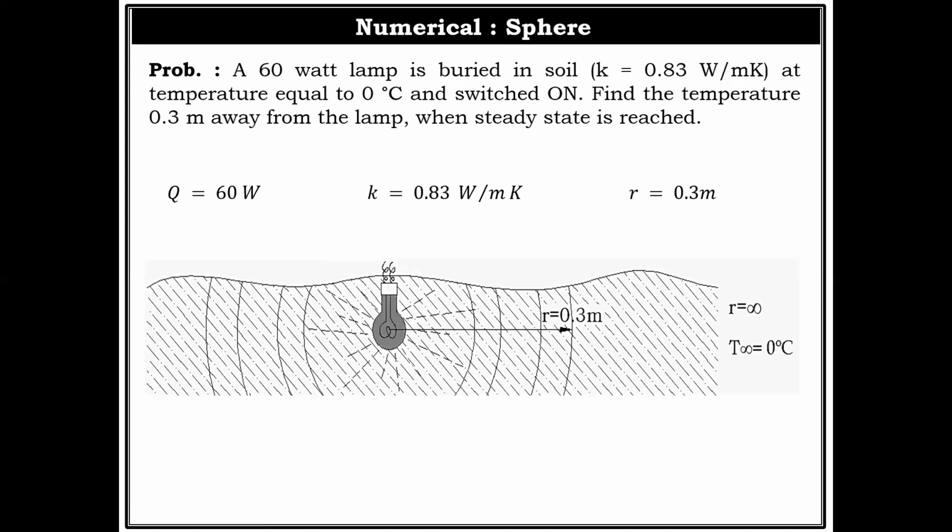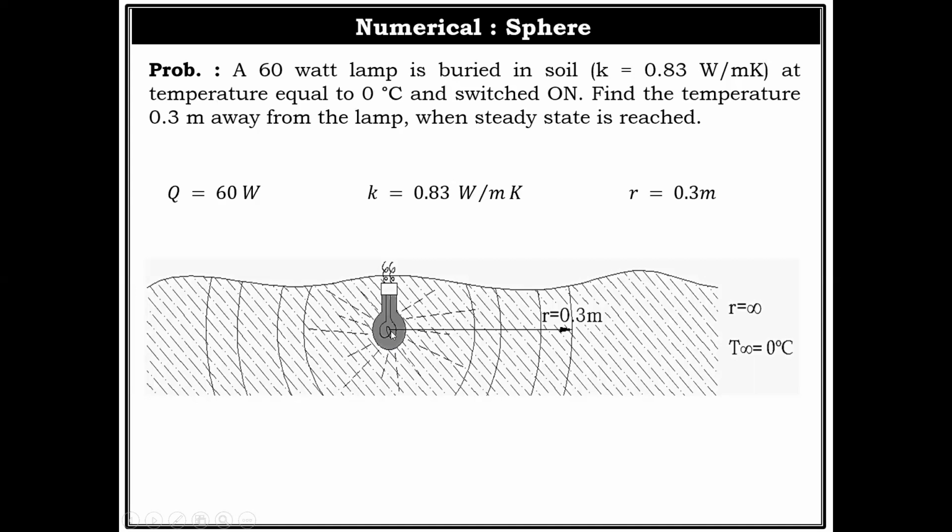And as I always say, draw a schematic for the problem so it becomes a little bit easier to understand the concept. Now this is the land where one bulb is buried, and we approximate this bulb as a sphere.